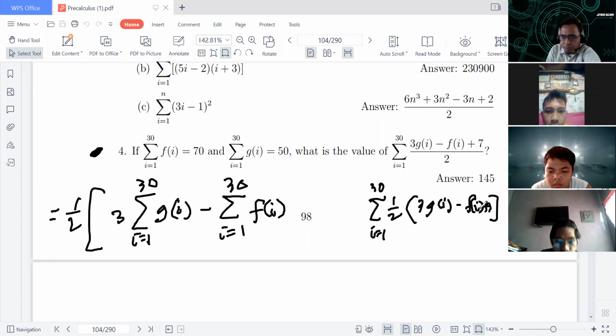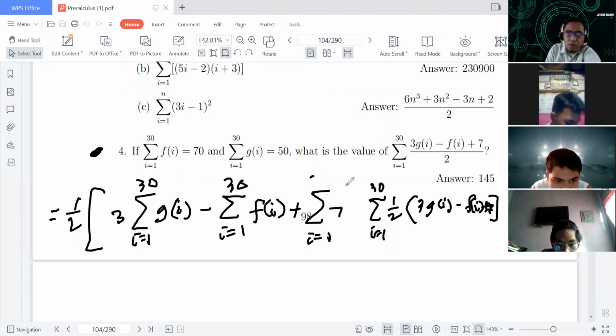And for the last part, what is it? 7, no? It is just plus the summation of 7 where i ranges from 1 to 30.